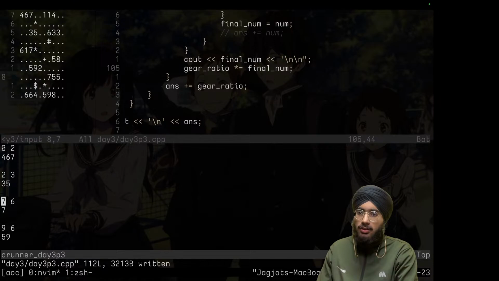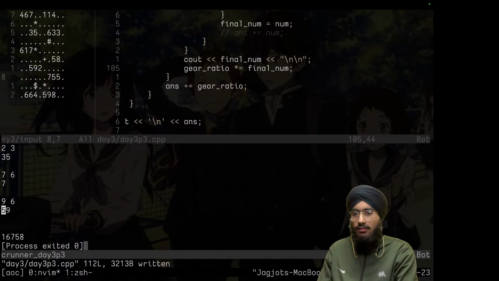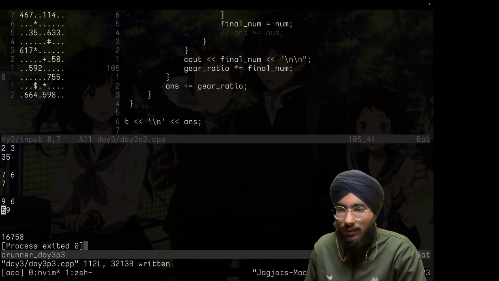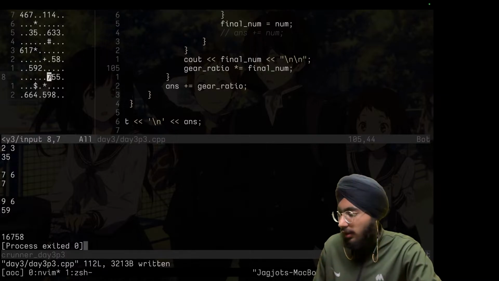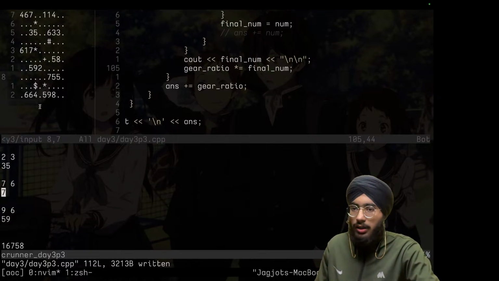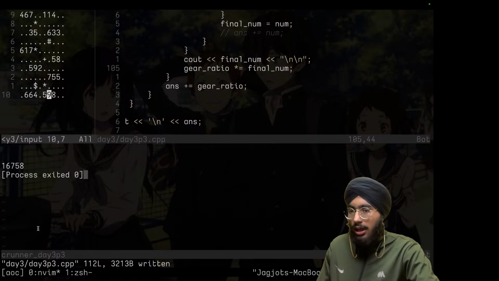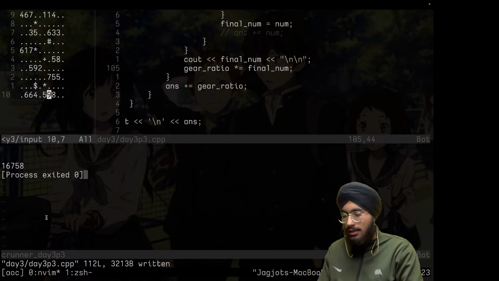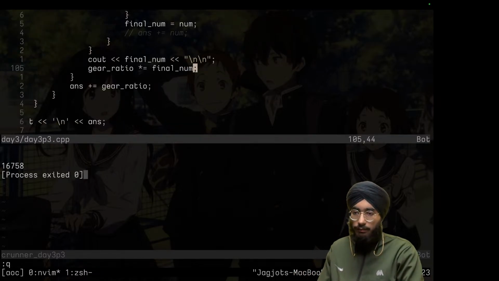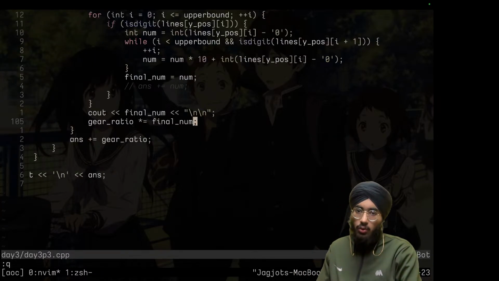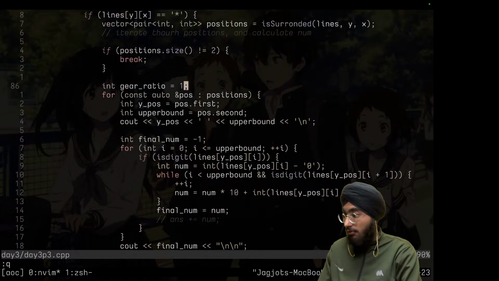Only. Okay, yeah, because the upper bound is set to this, so this is correct by all means. What I am getting is correct by all means because according to what code I have written, and it is working perfectly fine.